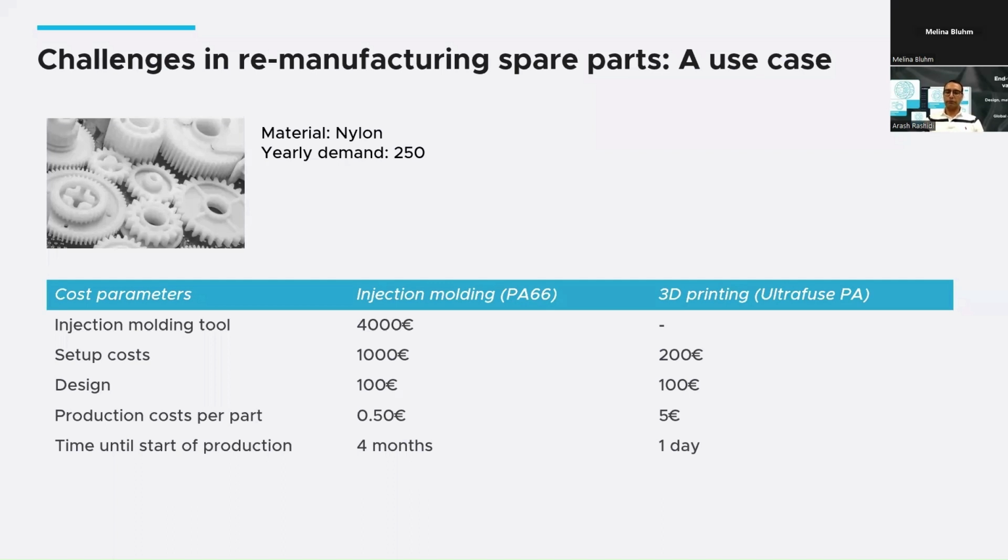So just to have a look at only the production cost, that sometimes the people do, you see that injection molding is way cheaper than 3D printing. However, you see also that the lead time by 3D printing is dramatically lower.